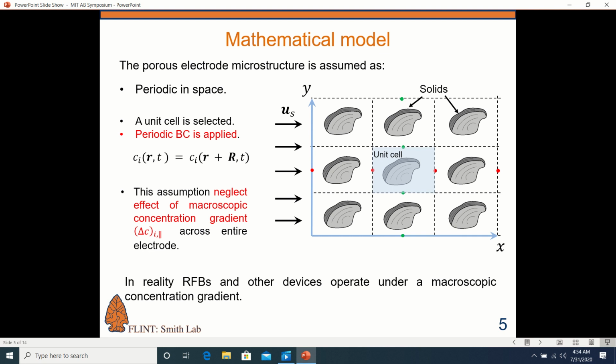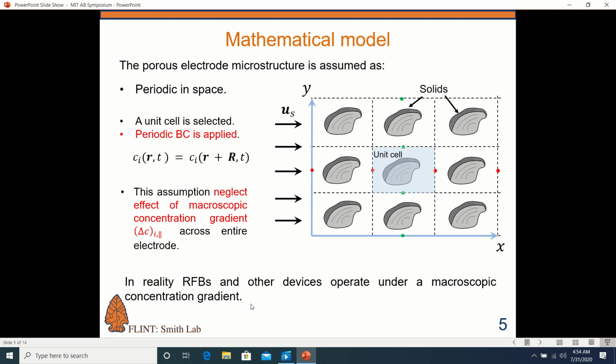In our model, we modeled the porous electrode as a periodic unit, that is a unit cell here, and we apply periodic boundary condition across it. So we neglect all concentration gradient across this unit cell, even across this whole electrode. But in reality, every redox flow battery operates under a macroscopic concentration gradient.